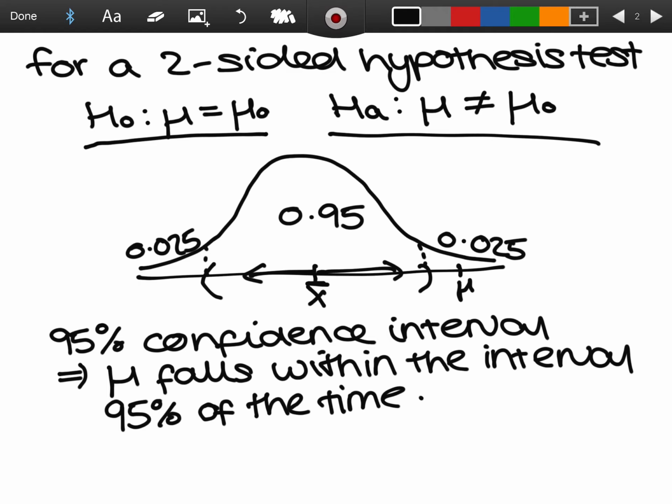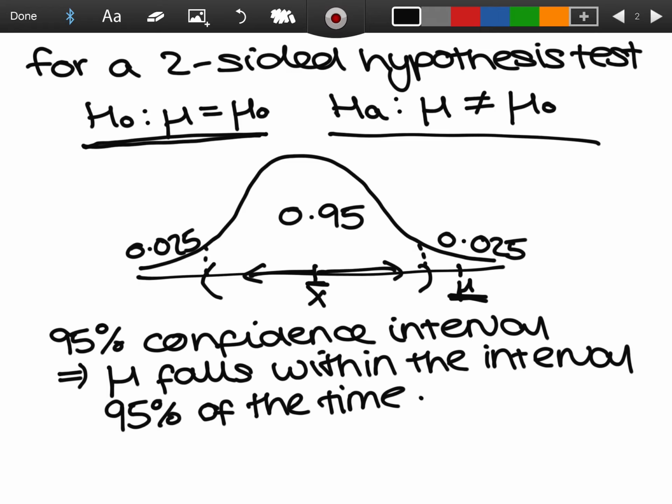That means that at that point, I have too much of a difference between my population mean and my sample mean. My sample mean is just too different from my population mean. Therefore, I cannot consider my population mean to be what I thought it was if my population mean falls out here.